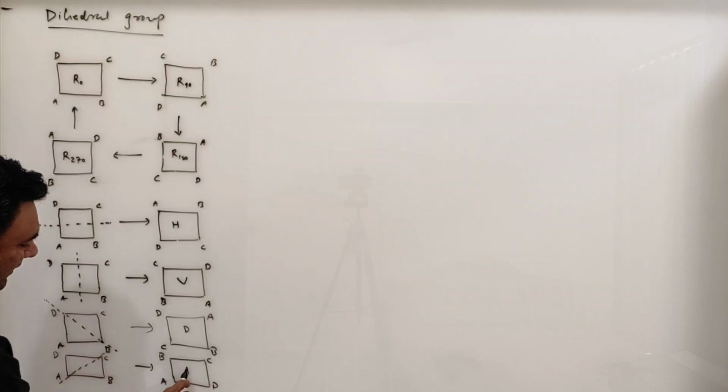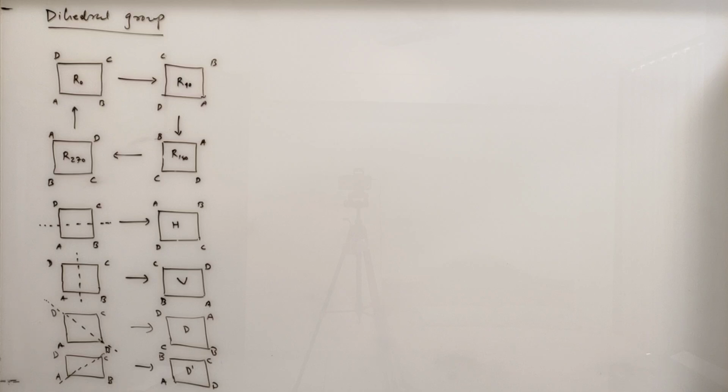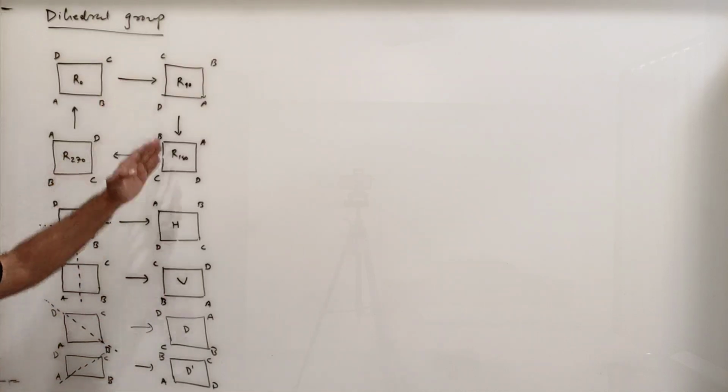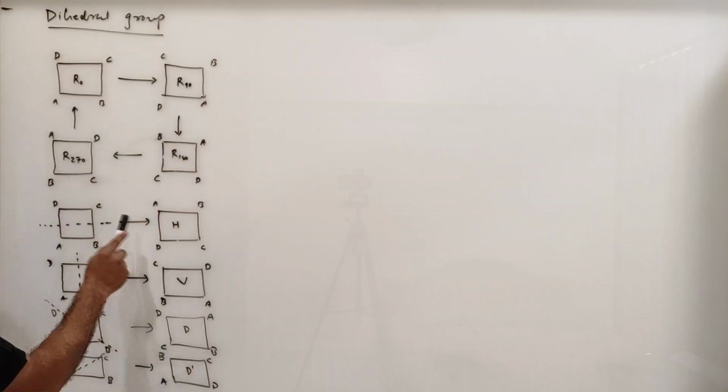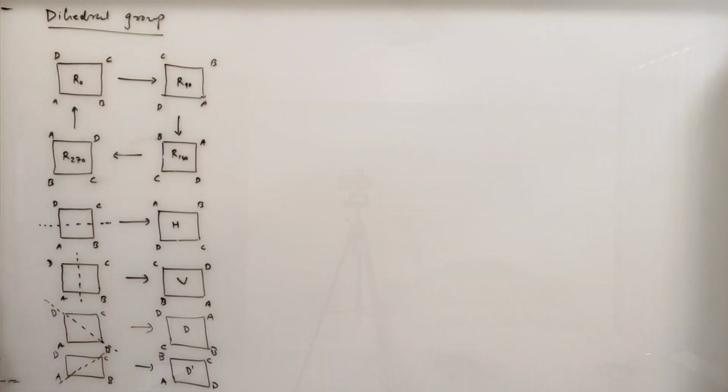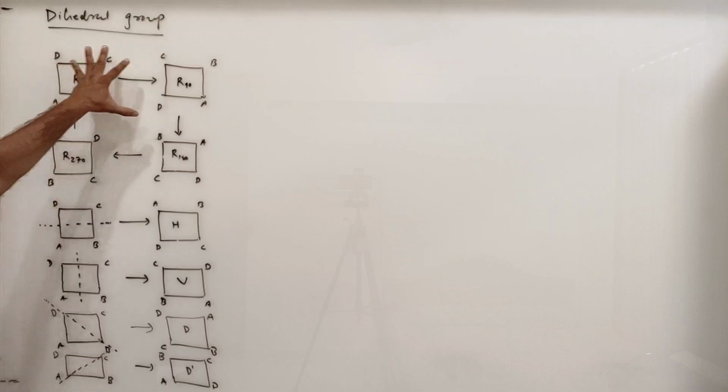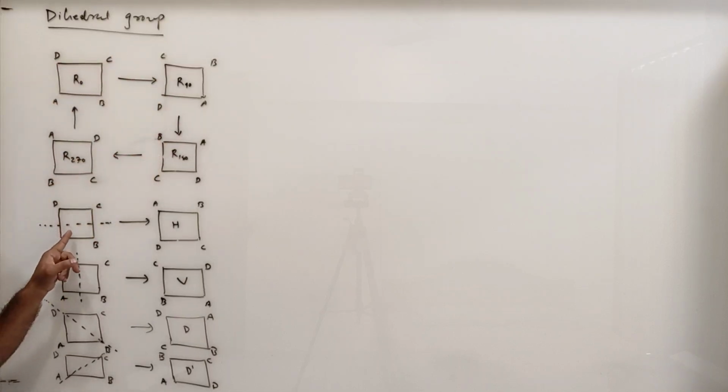So this position is called D dash. So I have these 8 symmetries. How 8? 1, 2, 3, 4, 5, 6, 7, 8. Here I am giving the rotation. Here I am considering the reflection about the horizontal axis, the vertical axis, and the 2 diagonals.